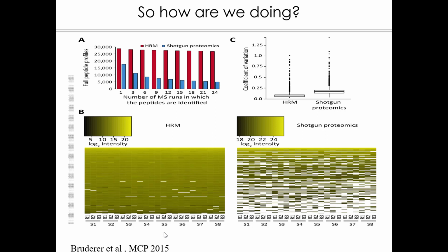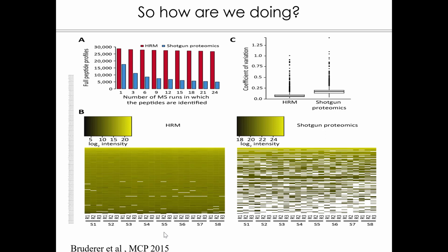So what they did here is they took exactly the same sample, a lysate of a complex human cell, and they shot this lysate a number of times, like 24 times. There are 24 repeat technical analyses of the same sample in an instrument, a liquid chromatography instrument with a mass spectrometer.